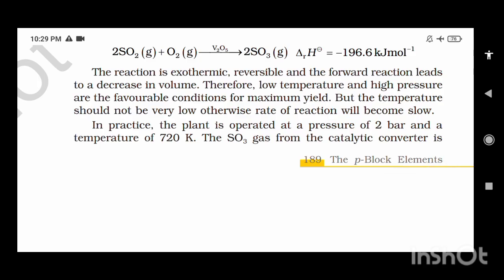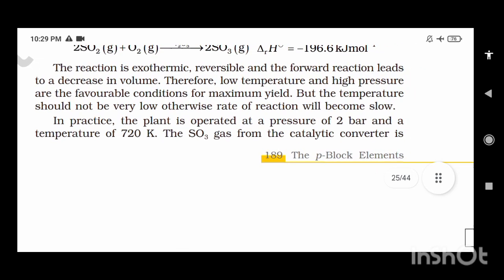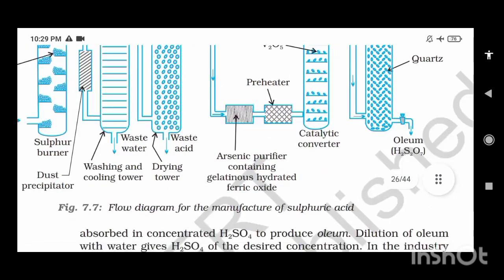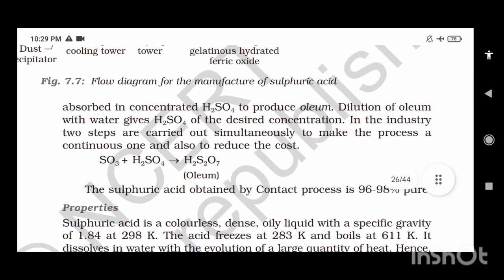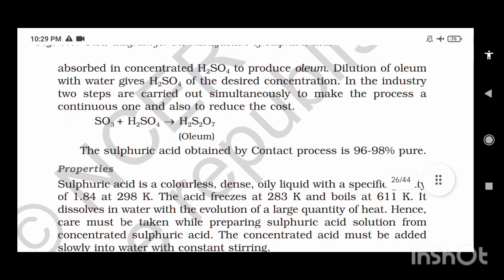In practice, the plant is operated at a pressure of 2 bar and a temperature of 720 Kelvin. The sulfur trioxide gas from the catalytic converter is absorbed in concentrated H2SO4 to produce oleum.